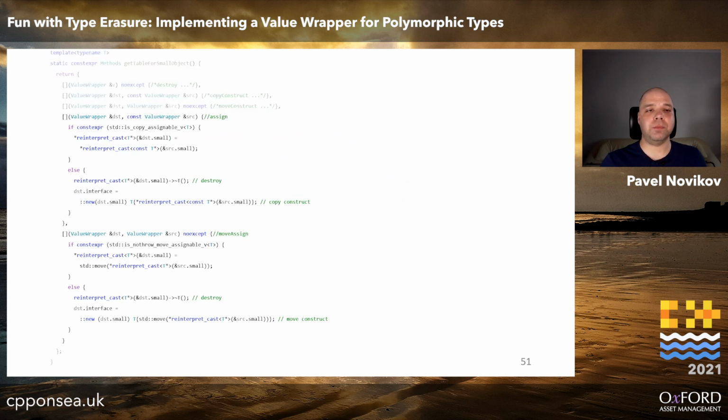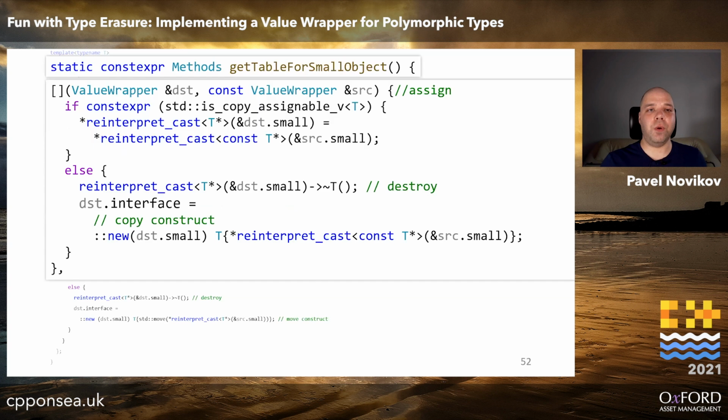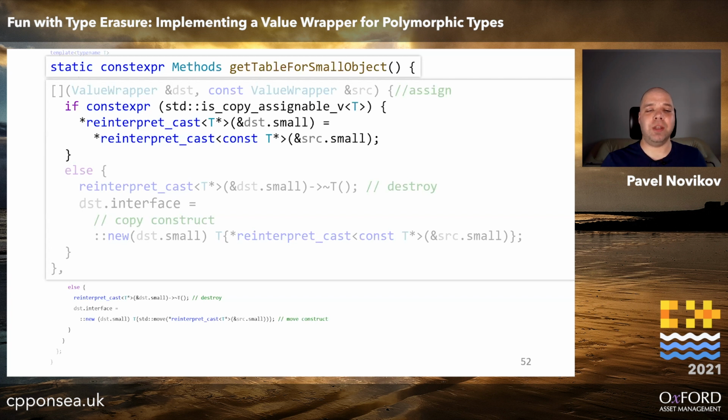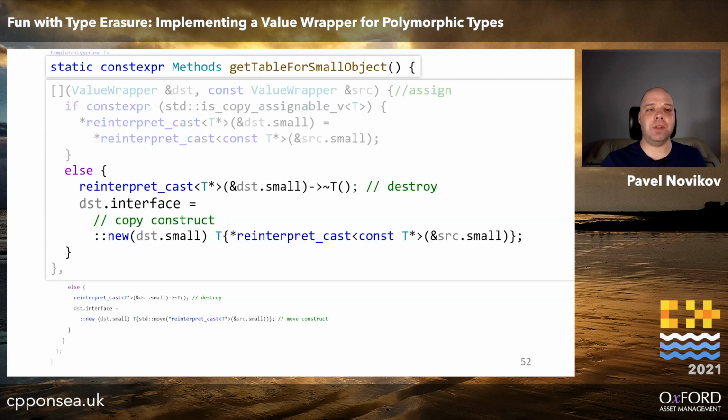And here for the function table for big objects, we have to add an assignment function that, if this type is copy assignable, just uses copy assignment. And if this type does not support copy assignment, we have to destroy the old value in the destination and copy construct the value from the other value.